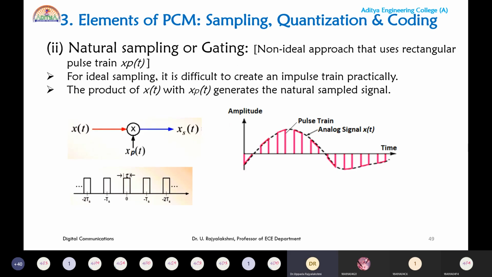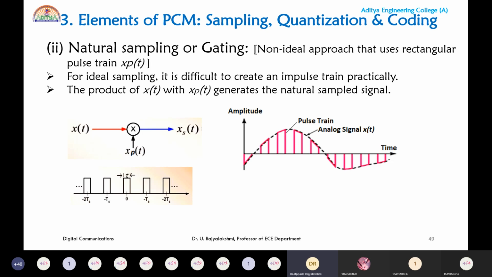The second one is natural sampling. It is also called gating. So already we discussed that it is very difficult to generate a series of impulses practically.